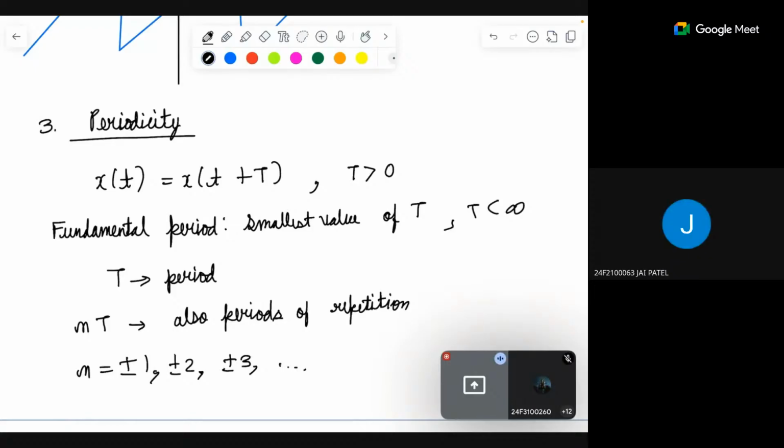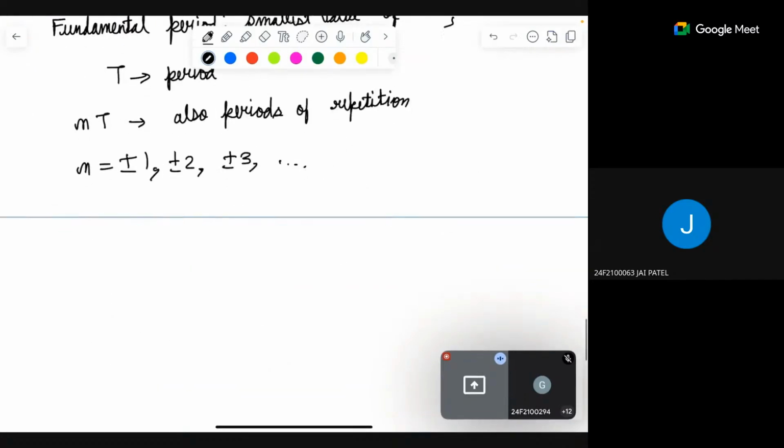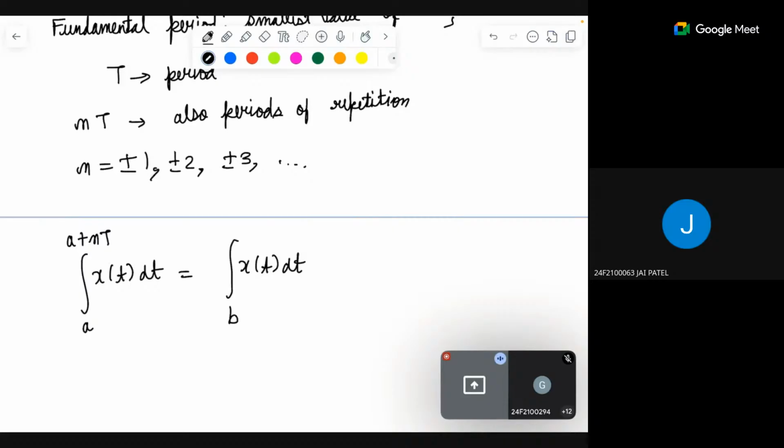All right, so now let us talk about area of a periodic signal. We have a property for the periodic signals. If my x(t) is a periodic signal and I am calculating area from any constant a to a plus nT, where T is the period and n is an integer, and I calculate the area from another constant b to b plus nT, the interval in both of these cases is nT.